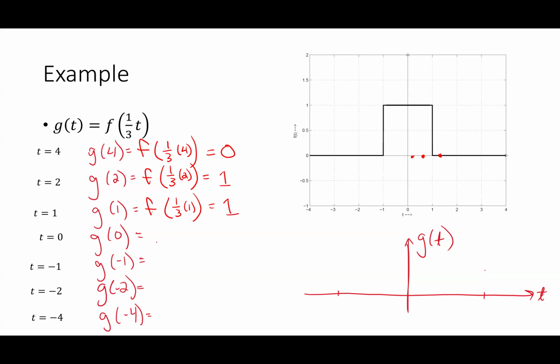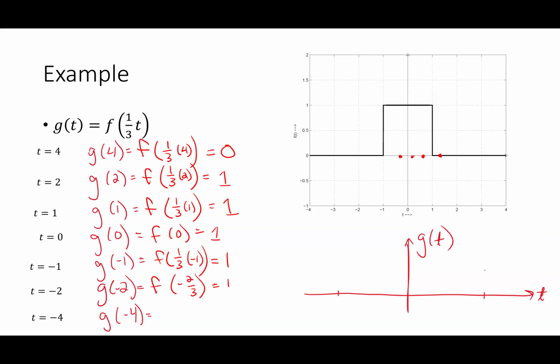If I keep going with this, it's going to be f of 0. That'll be 1. What do you think is going to happen at -1 and -2? Well, g of -1 would be f of 1/3 times -1, or f of -1/3. Where's that? Well, that's here. That's equal to 1. This guy would be f of -2/3.